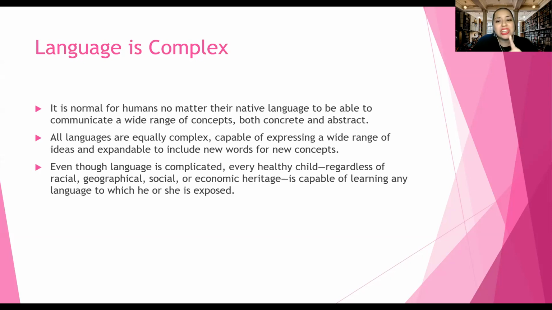Every healthy child, regardless of racial, geographical, social, or economic heritage, is capable of learning any language to which he or she is exposed. It is known that a child of only 5 years old is capable of learning any language to which he or she is exposed.